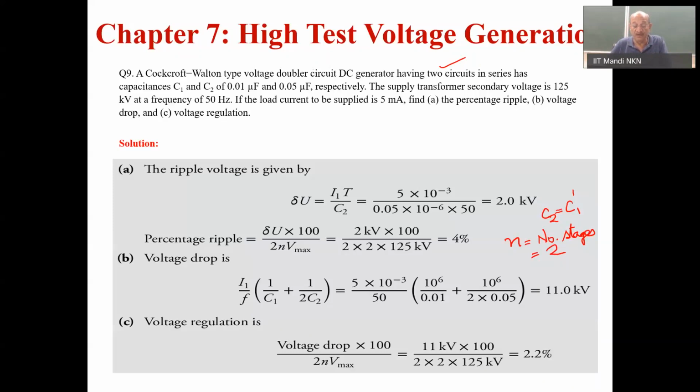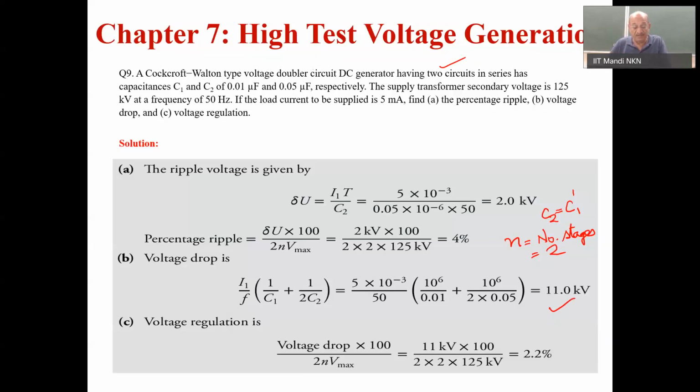I1 is given as 5 milliamperes, 5 into 10 to the power of -3. F is 50 hertz, the charging capacitor C1 is 0.1 microfarad, and the smoothing capacitor is 0.5 microfarad. So the voltage drop works out to be 11 kV.